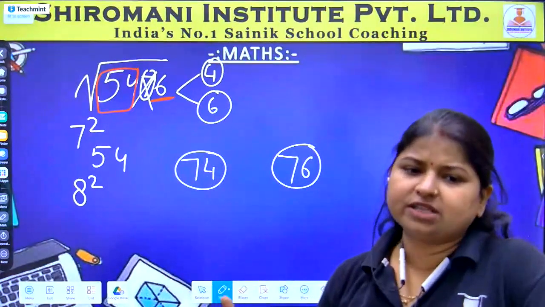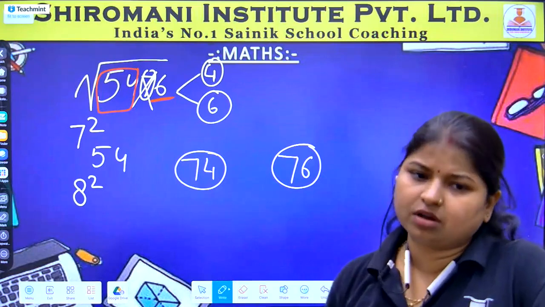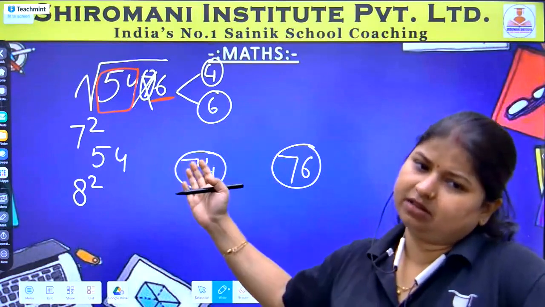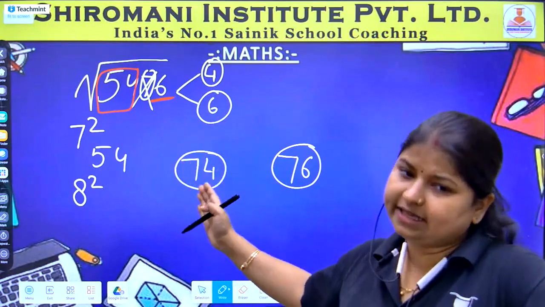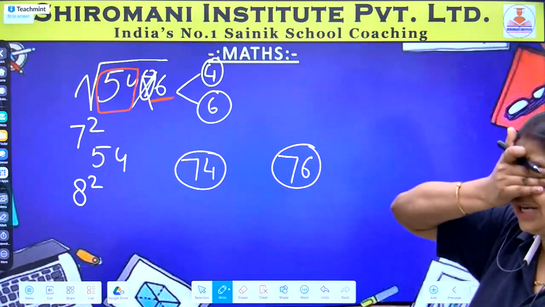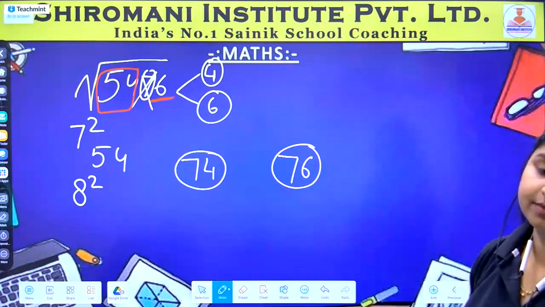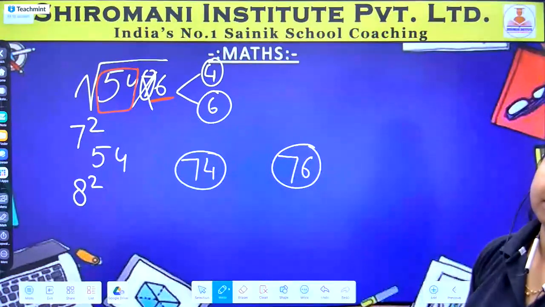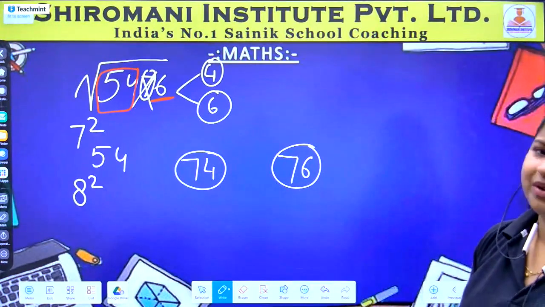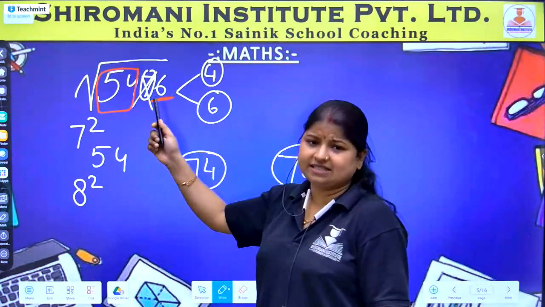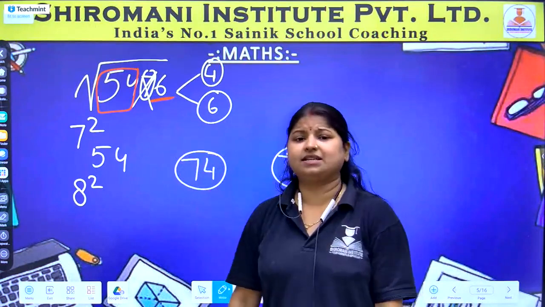So 54 is between 49 and 64, 7 ka square and 8 ka square. You will take the lesser number. So your answer will be either 74 or 76. Is it clear, Ajish? Ma'am, I didn't understand how 74 and 76 are coming. Beta, last digit is 6. If last digit is 6, my last digit will... Ma'am, I understood.